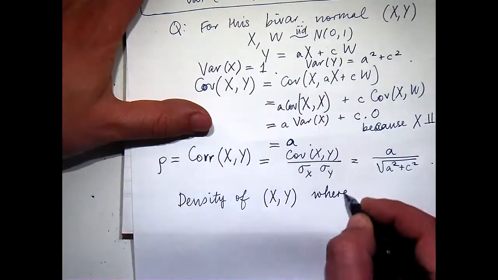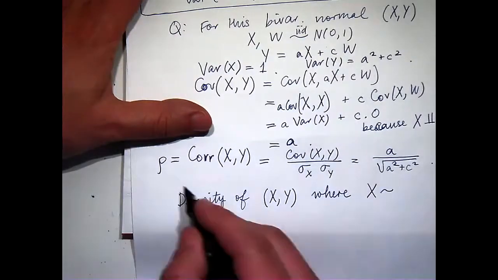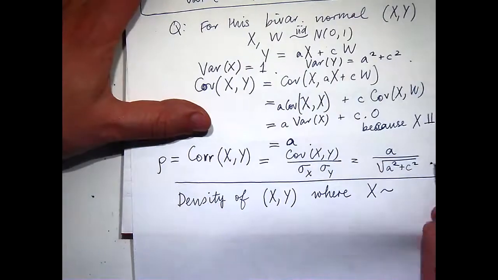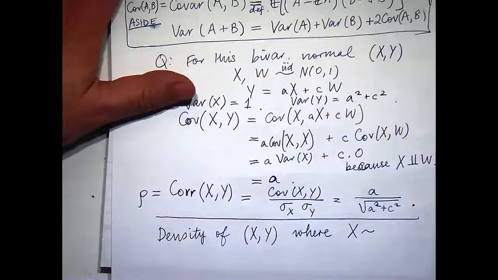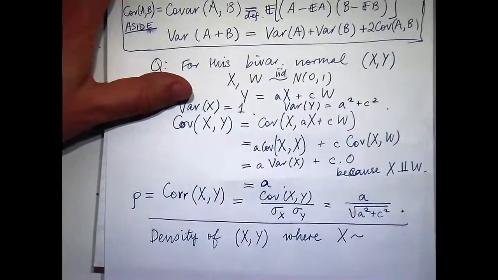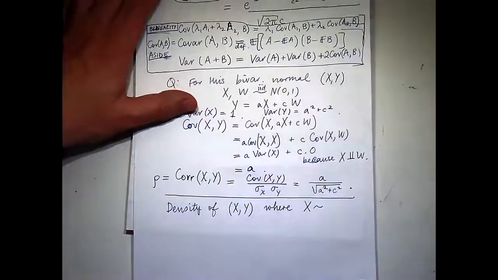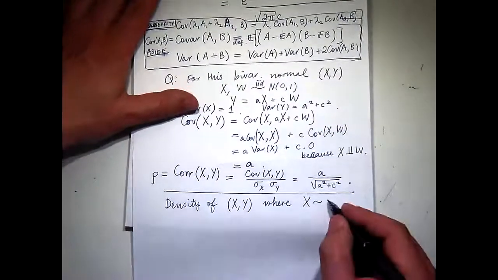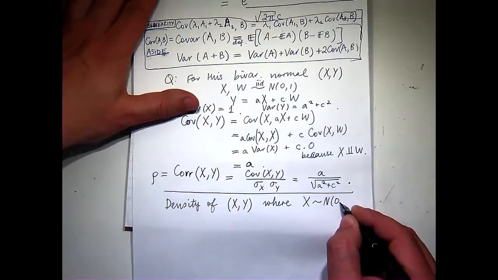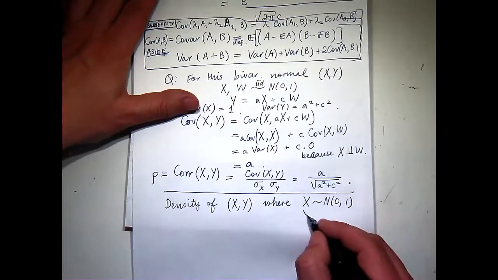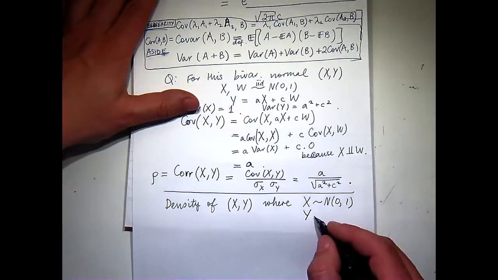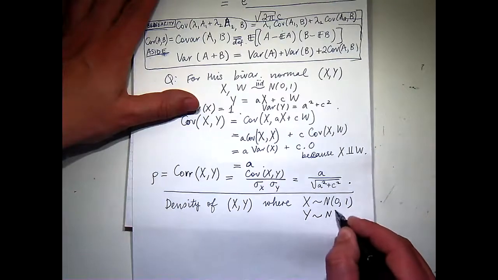So far it has just been calculations involving the setup we already had. I'm now going to find the density where I'm going to make an additional assumption. Instead of n, x is normal 0, 1. I already assumed that the white noise was normal 0, 1. Now I'm going to assume y is normal 0, 1.